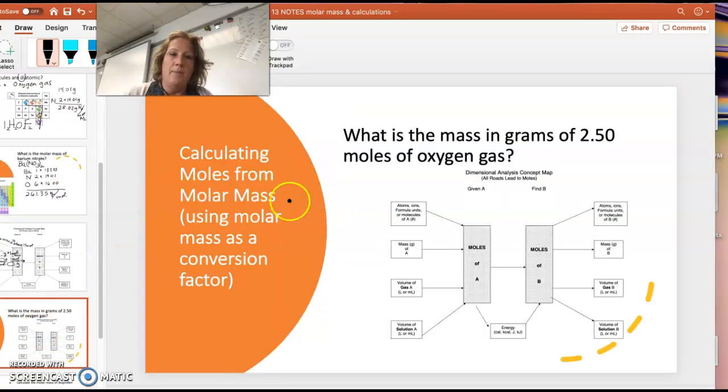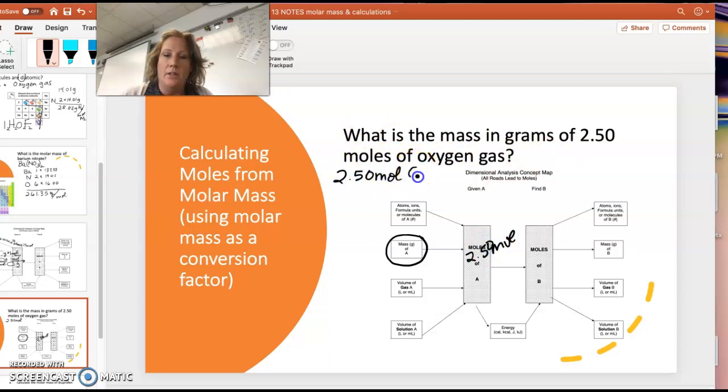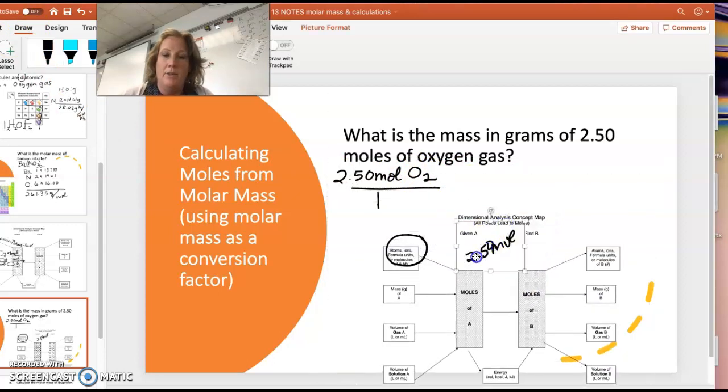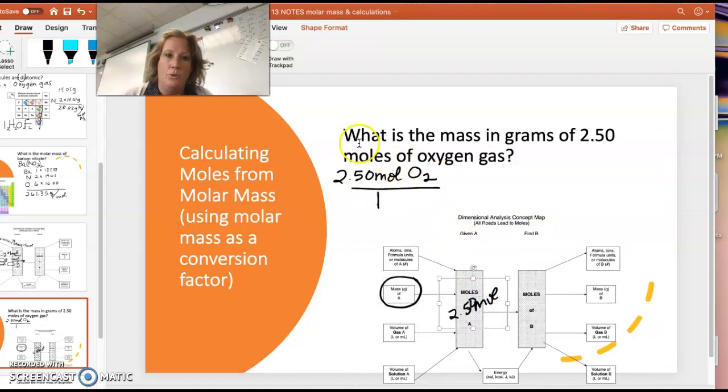So here is an example problem. I'm being asked, what is the mass in grams of 2.5 moles of oxygen? So I would start with the 2.50 mole of oxygen. And this is where, if you haven't been writing what it is, I would start. Remember, this is one of those Brinkelhoffs. So oxygen is diatomic. I have to remember that it's O2.